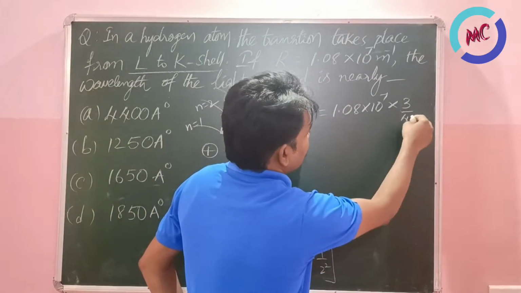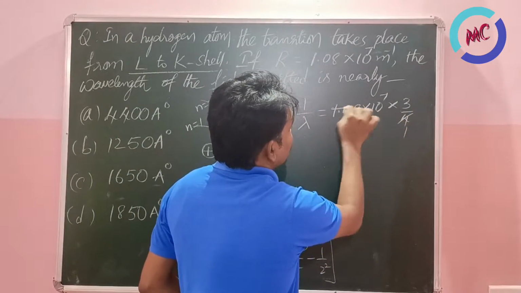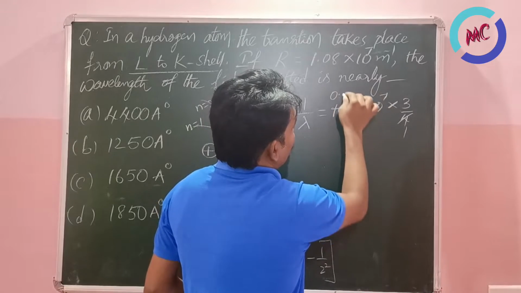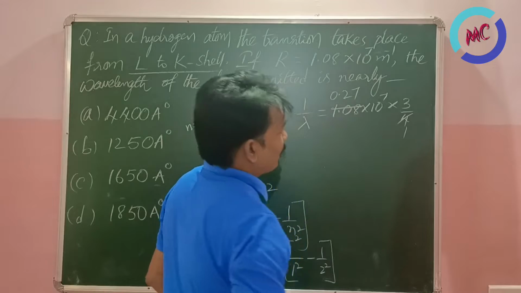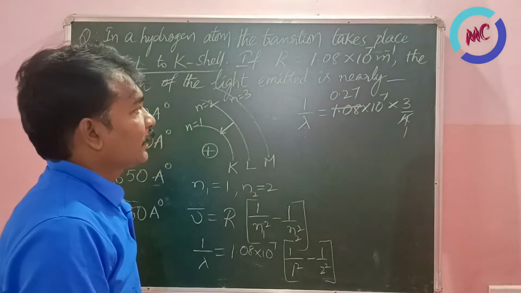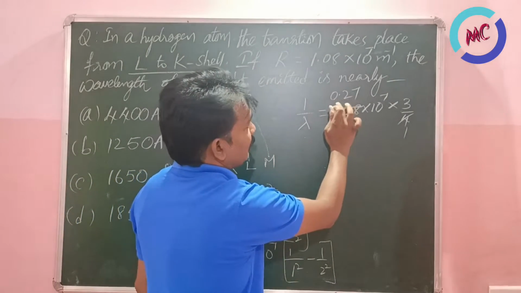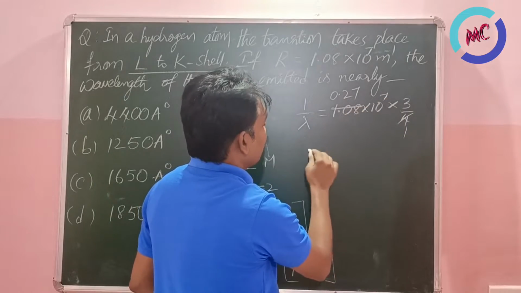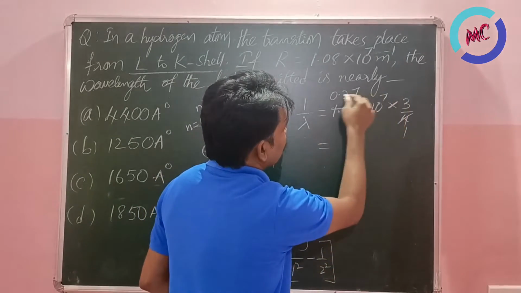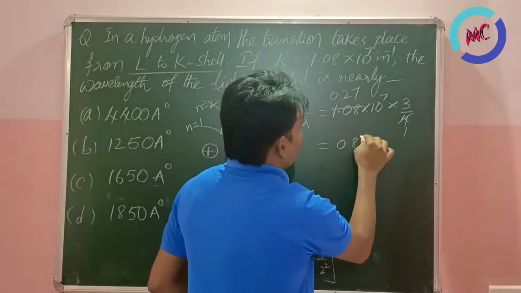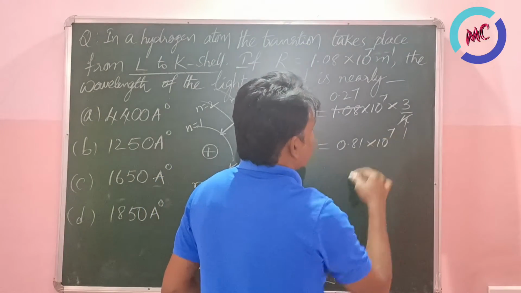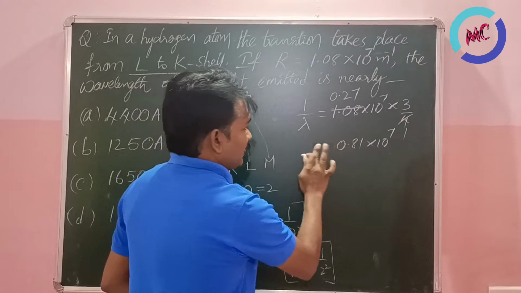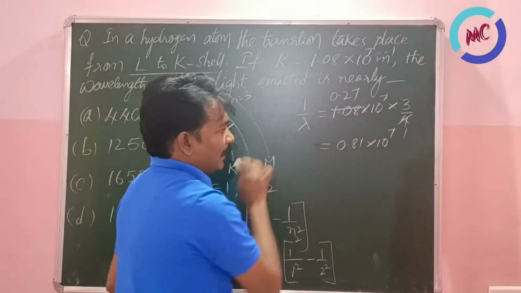And see here, 4 ones are 4, 4 twos are 8 and 4 sevens are 28. Now multiply 0.27 with 3, you will get 0.81. 0.81 into 10 to the power of 7. What is this? This is nothing but 1 by lambda.